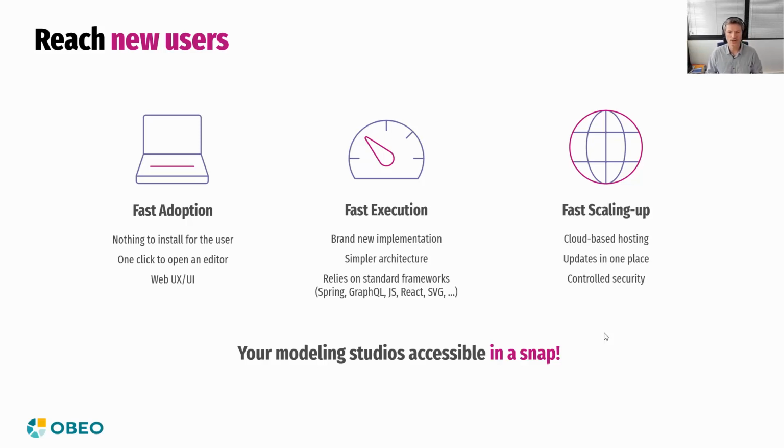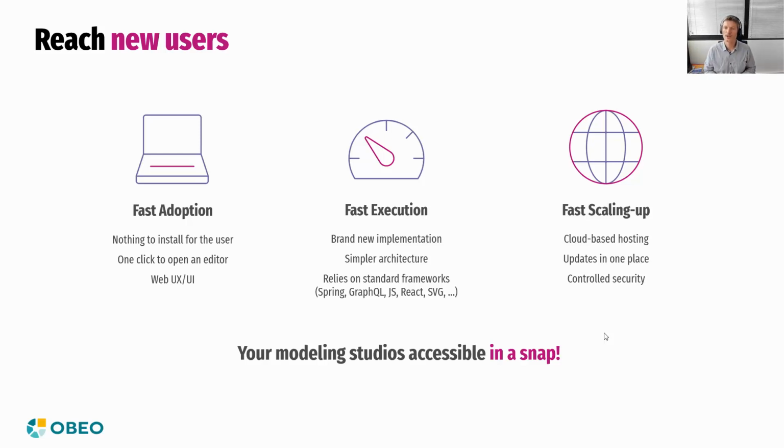You can also have fast execution thanks to a new architecture. With our RCP-based solutions, you have lots of different layers which have been built on top of each other. Thanks to this new stack, we simplify these architectures to be more modern, easier to maintain and more efficient.